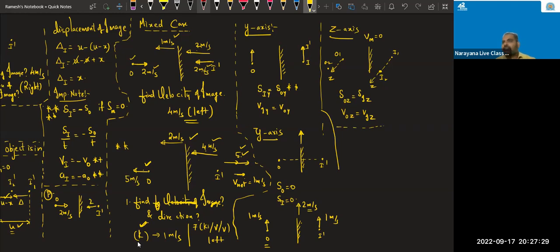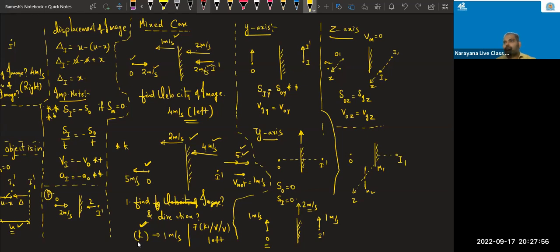A lot of cases are there. Wait, be patient. Now, the object is at rest and the mirror will move. Here the object is there, this is the mirror. The mirror is moving along the z-axis from M1 to M2. Is there any change in image position?